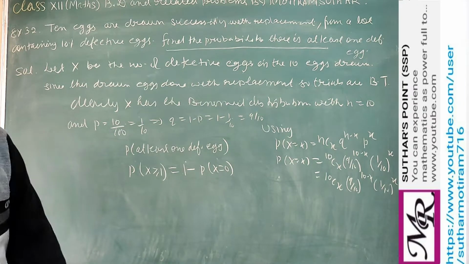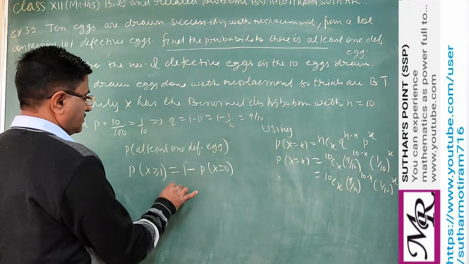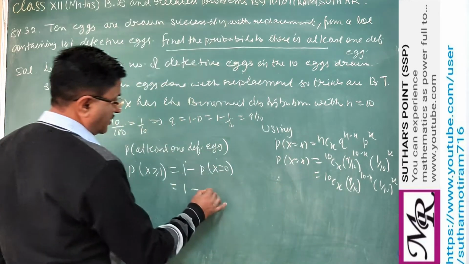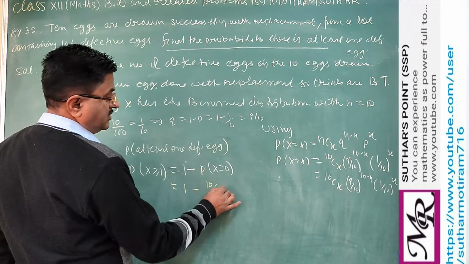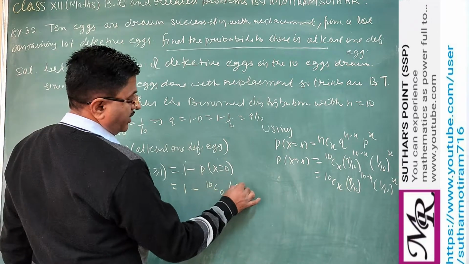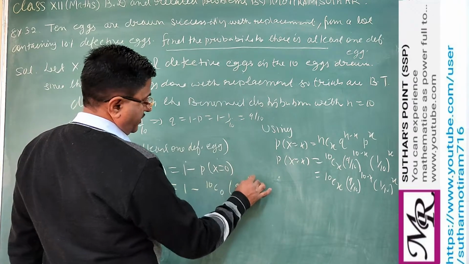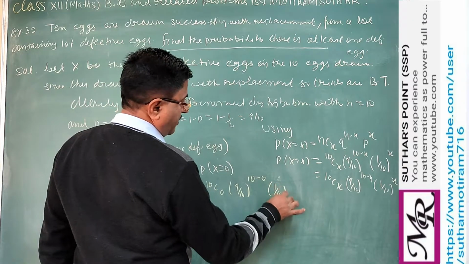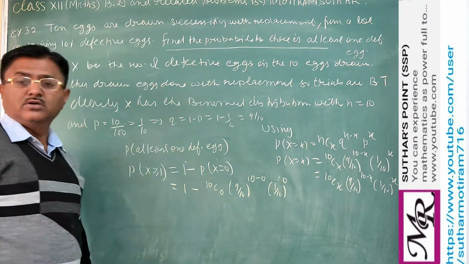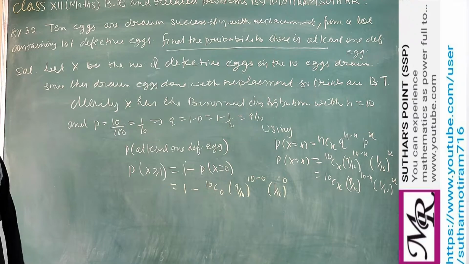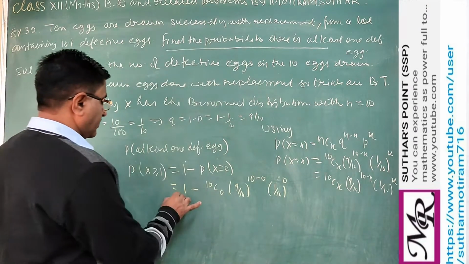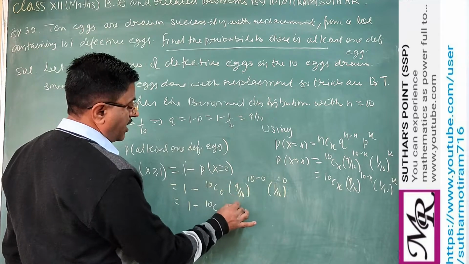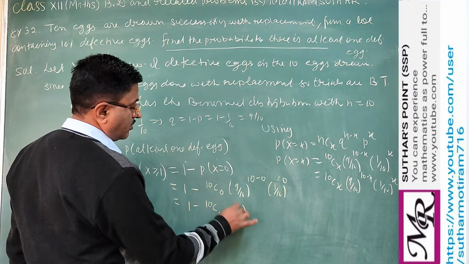Now put the values, 1 minus px equal to 0, यहाँ 0 put कर लीजिए. So what we get, 10C0 (9 by 10) power 10 minus x, that is 0, or (1 by 10) power 0. So we put x equal to 0. So what we get, 1 minus 10C0 (9 by 10) whole power 10.